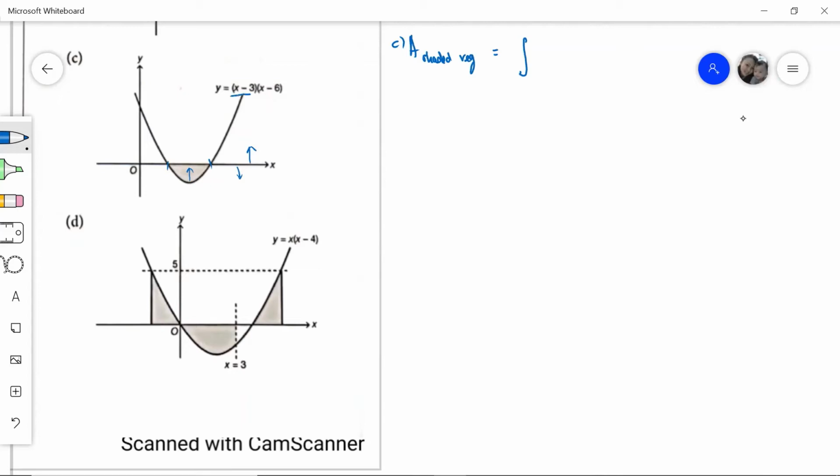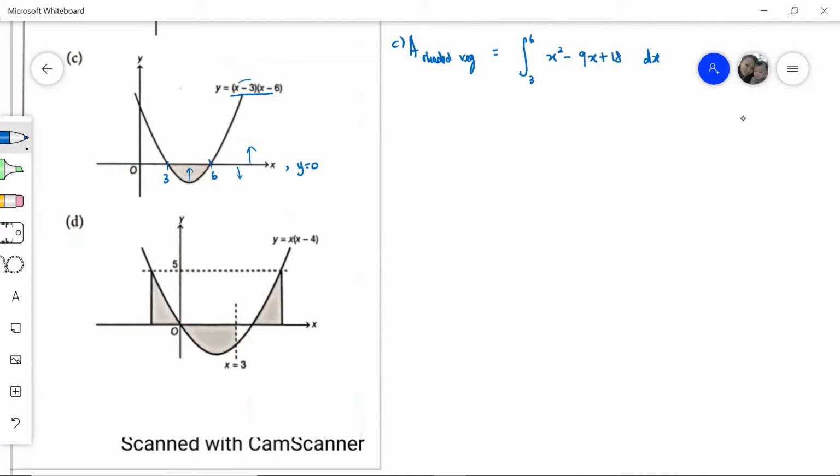Based on the factors, we can put the roots: x minus 3, x minus 6. On the x-axis, y equals 0. So when y equals 0, x equals 3 and x equals 6. So we have from 3 to 6. We have to integrate with respect to x: x squared minus 9x plus 18.